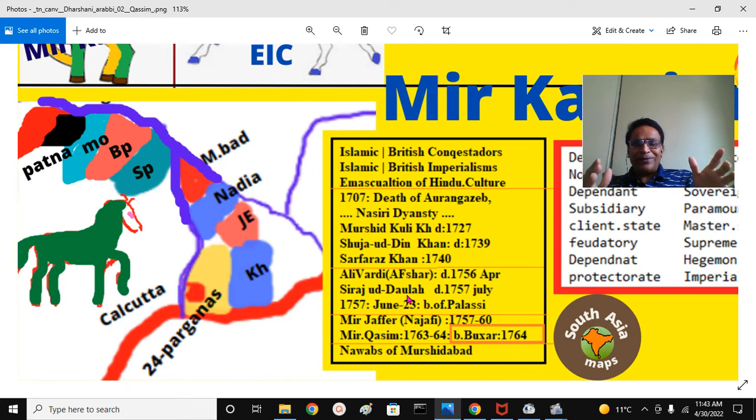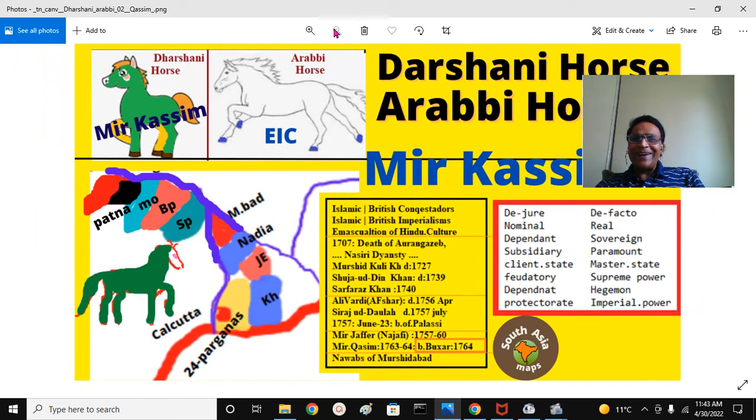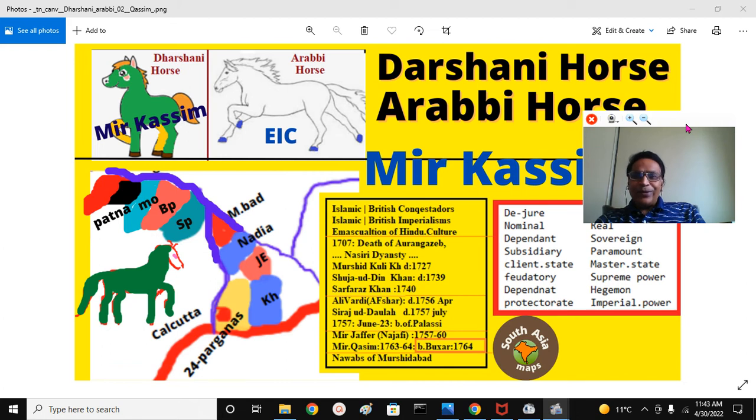Meanwhile, in Murshidabad, his son-in-law started appearing and showing a lot of tricks, and the British liked this new prospective Dharshani horse called Mir Qassim. They deposed Mir Jafar, his father-in-law, and put the son-in-law Mir Qassim as the Subedar, nominal Dharshani horse Subedar of Bengal Suba. That is the Mir Qassim Dharshani, in attendance at the East India Company court Darbar at Calcutta.